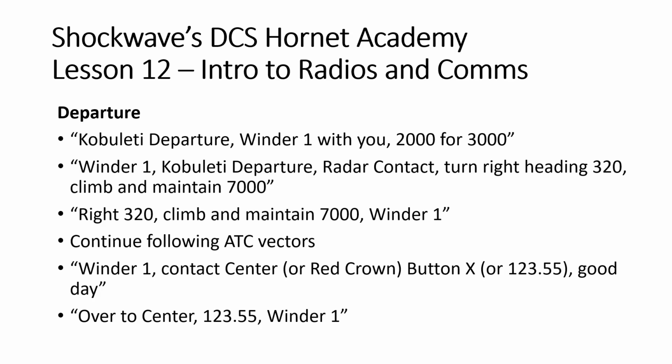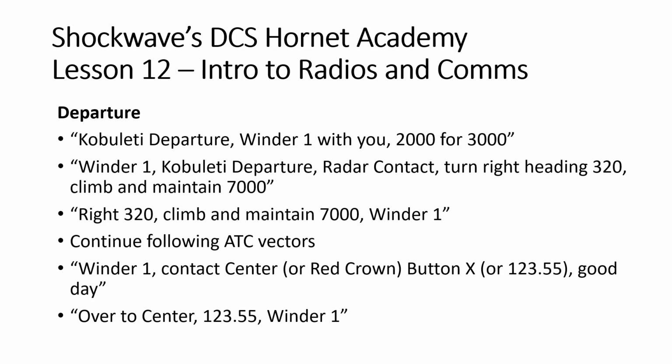And essentially you would continue following any vectors that ATC gives you, that departure gives you, until they are satisfied you're out of their airspace, and then they'll tell you to contact a center, also known as Red Crown in military terms. Center is basically the air traffic controllers that are sitting in some room somewhere, and they direct all instrument flying typically between airports.